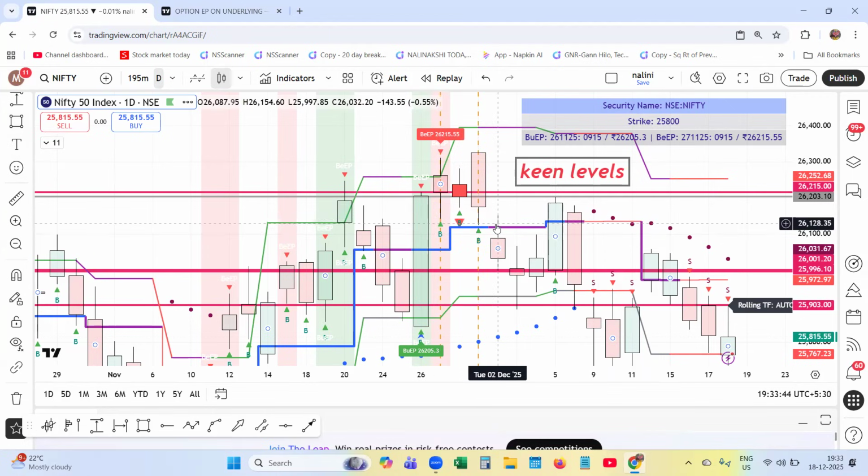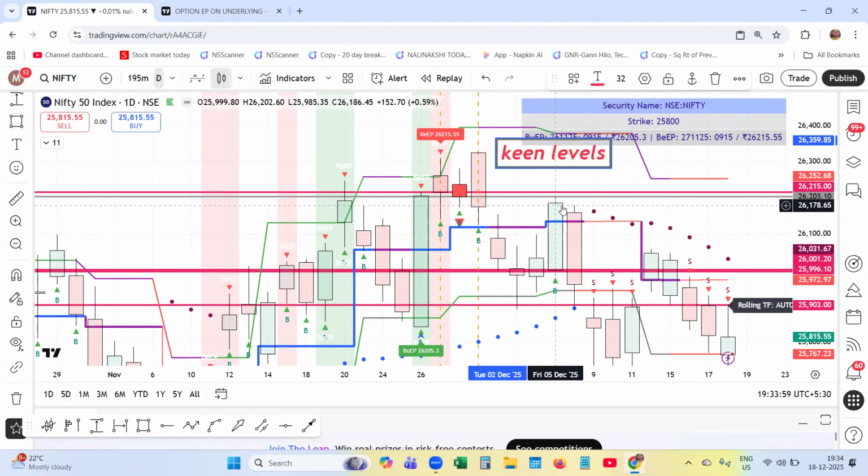On the next day, you could have taken a put option. Later you can see, after the third, fourth, and fifth, this is the exact level, exact day you could have gone short.